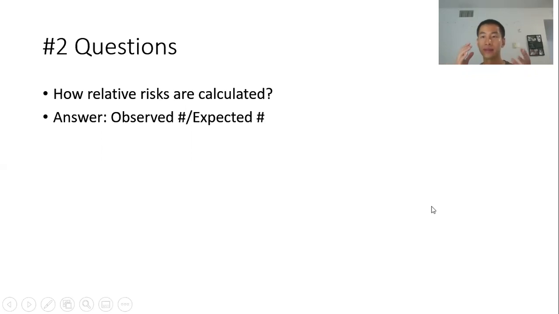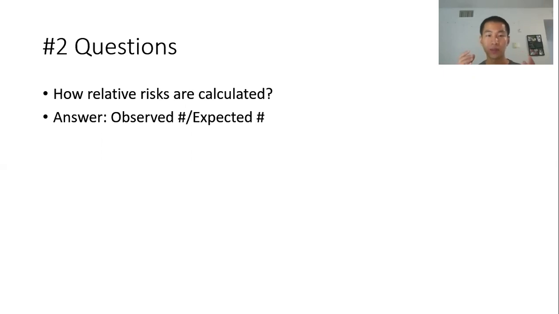So let's look at the previous table. As you may notice, on the previous table it mentions relative risks. So here comes my second question while reading the paper, and this question has been answered by Mohammed for me.